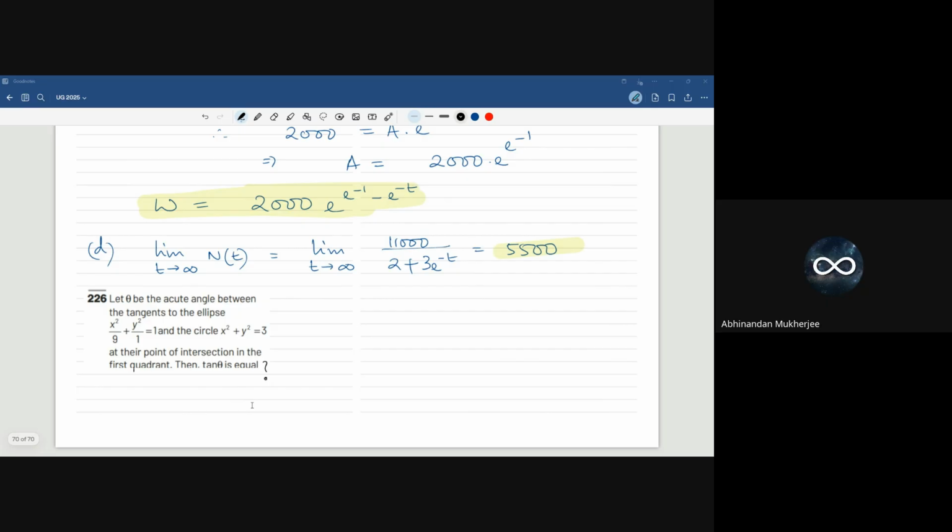Can we apply tan theta is equal to m1 minus m2 by 1 plus m1 m2 formula? Two by root 3. Hmm.